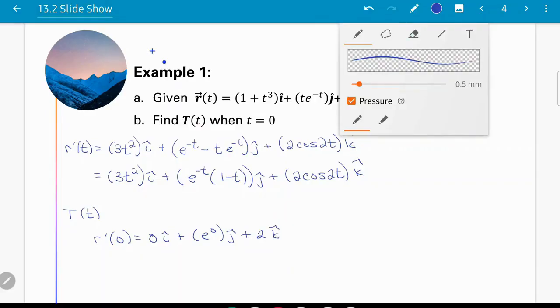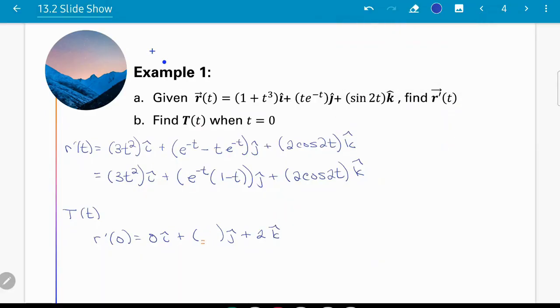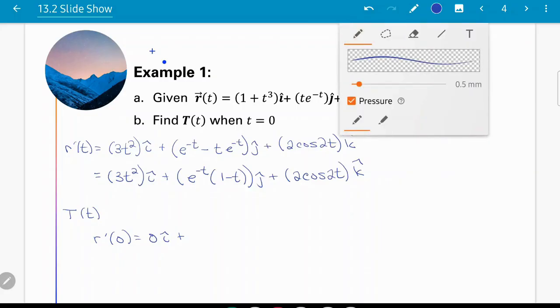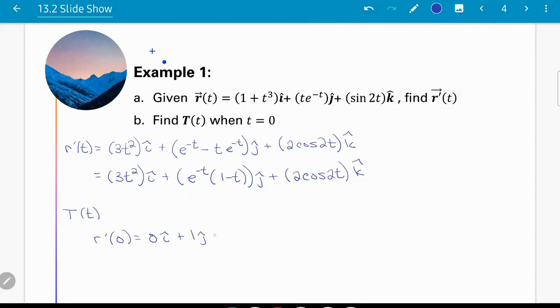And e to the 0 becomes just 1. So 0 i hat plus 1 j hat plus 2 k hat.